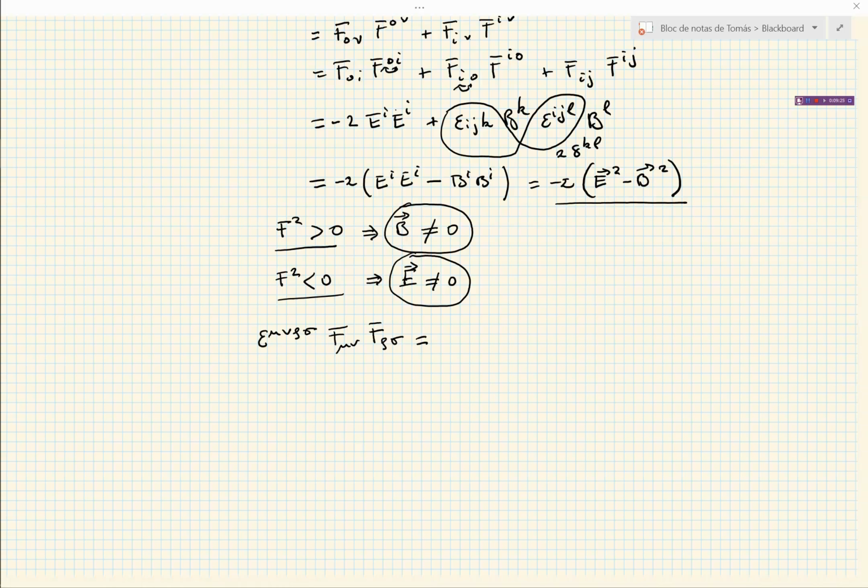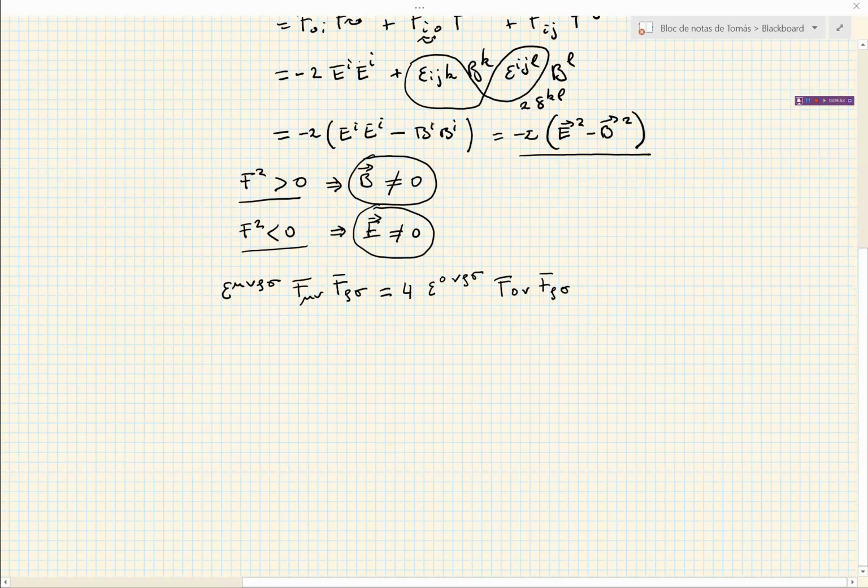First I want to see how many times F0 can appear here. It can appear 4 times, in any of these 4 positions. So I will get a factor of 4 times epsilon 0 nu rho sigma F0 nu F rho sigma. You probably have to expand this and treat it carefully and interchange indices to realize that indeed these two things are equal.